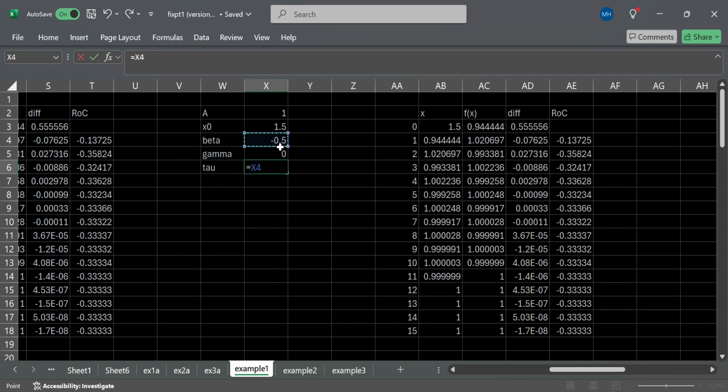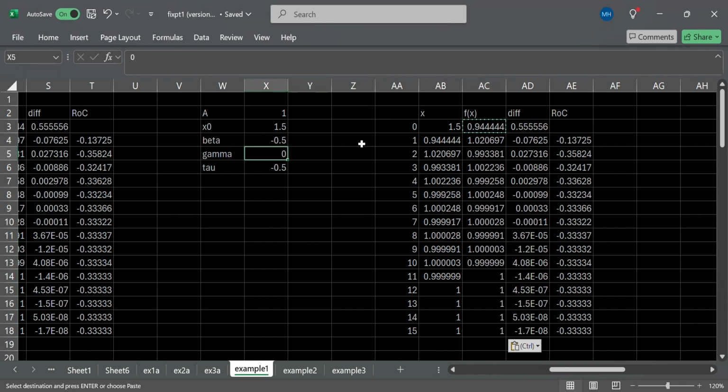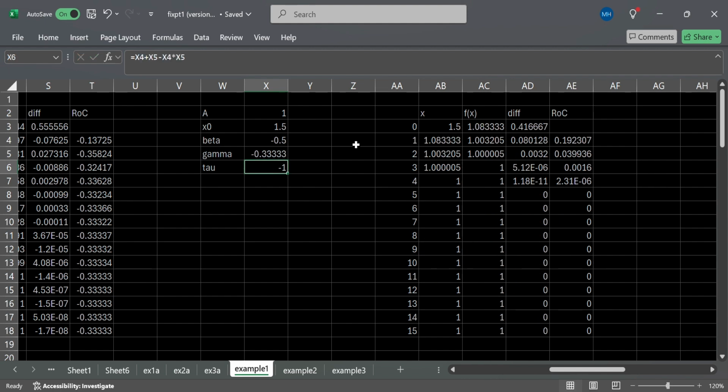Tau will be the sum of the parameters minus the product. And all we do here is make the parameter tau the one we use instead of beta. And we'll bring that down and we'll try a new value. Oh, okay, now it converged much more quickly.